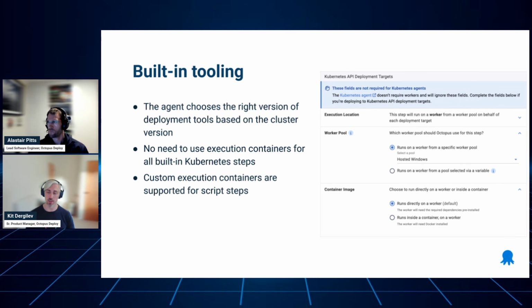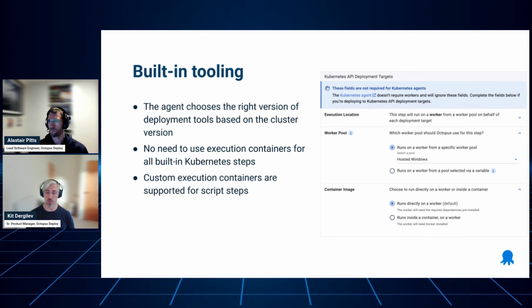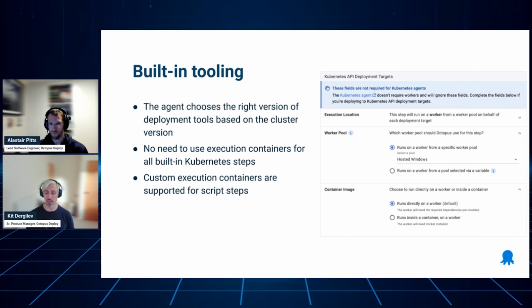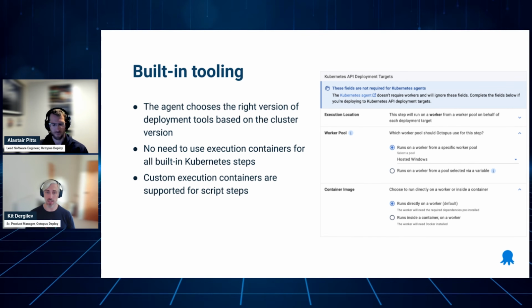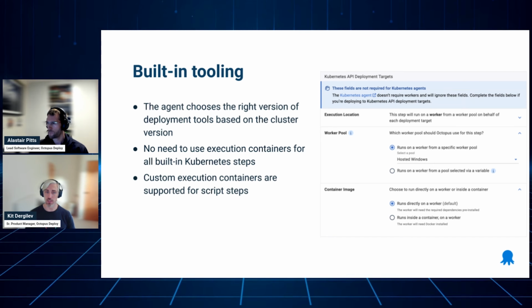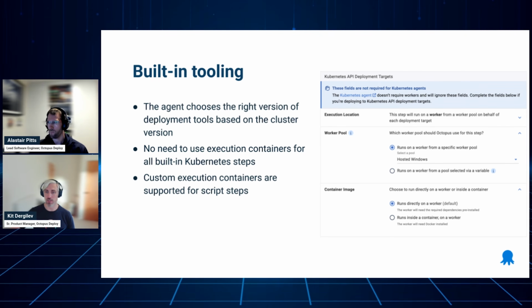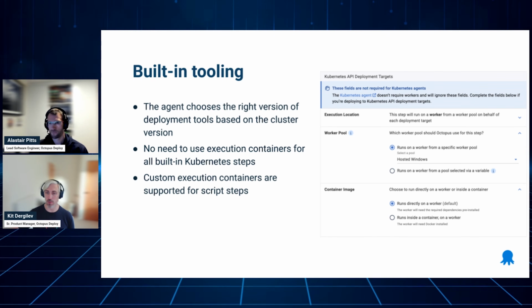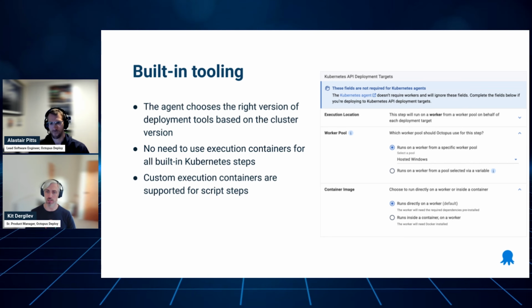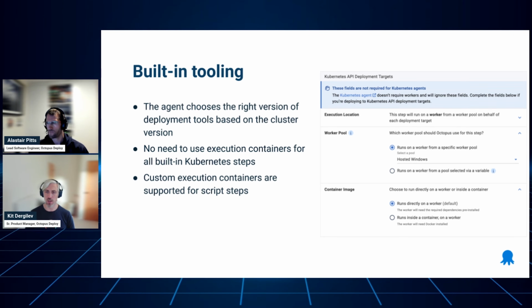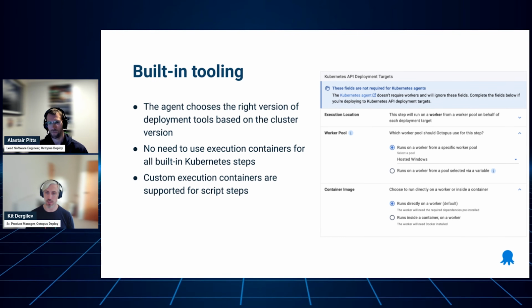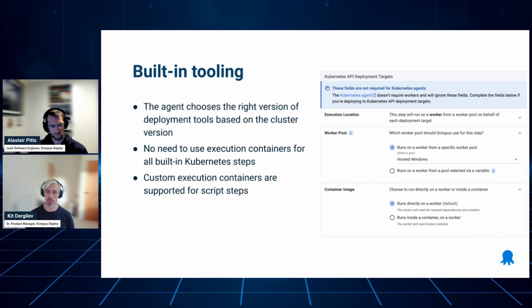We can scan the Kubernetes version, and therefore, for built-in steps like Kustomize, Helm, YAML, the agent will just choose the right execution container. So, like on the screenshot here, you can forget about choosing between running directly on the worker or inside a container. We'll literally just remove these fields from the step configuration for the agent.